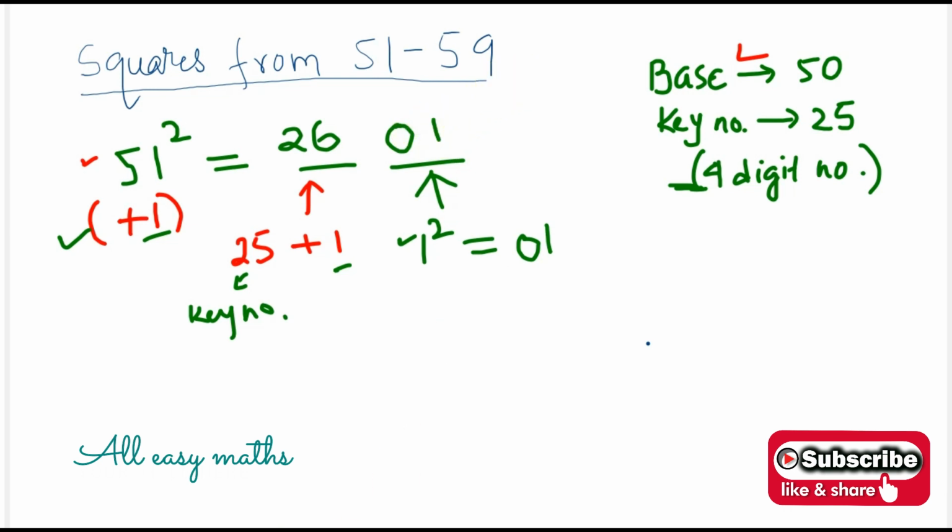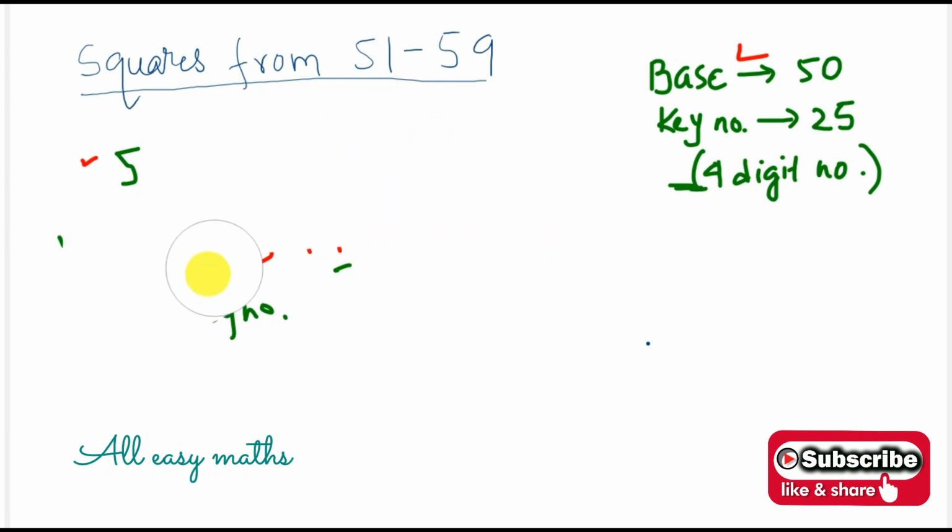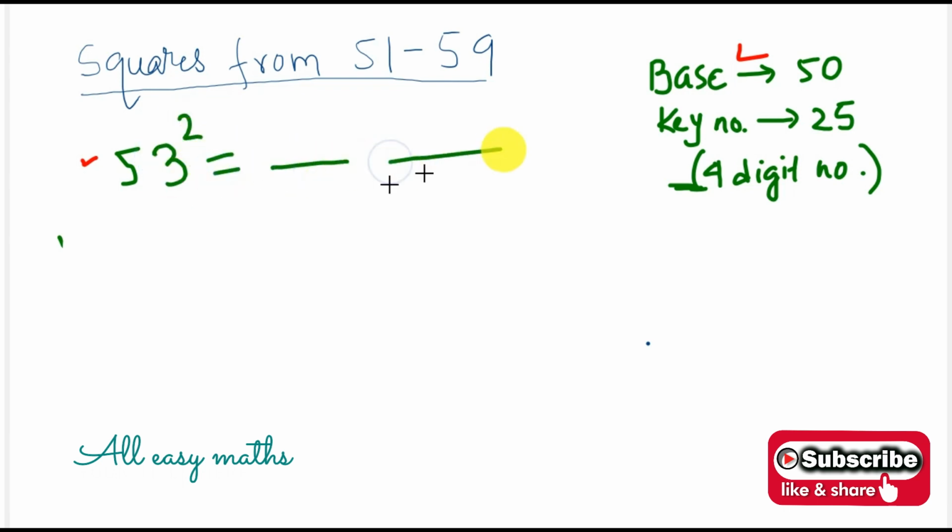2601. Let's continue with some more examples so that you find it very easy when doing these squares, and you can calculate within fractions of seconds. Let's say you need to calculate 53 square, so it's going to be a 4-digit number.